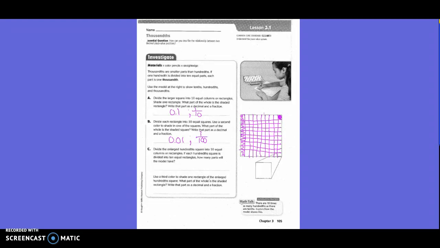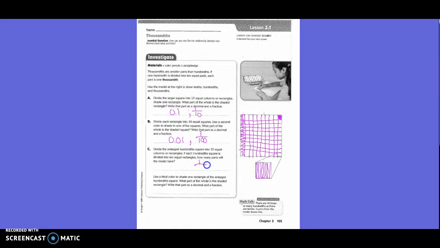So they gave us those. So they broke all those little squares into 10 more little pieces, and we colored in one of those little pieces.